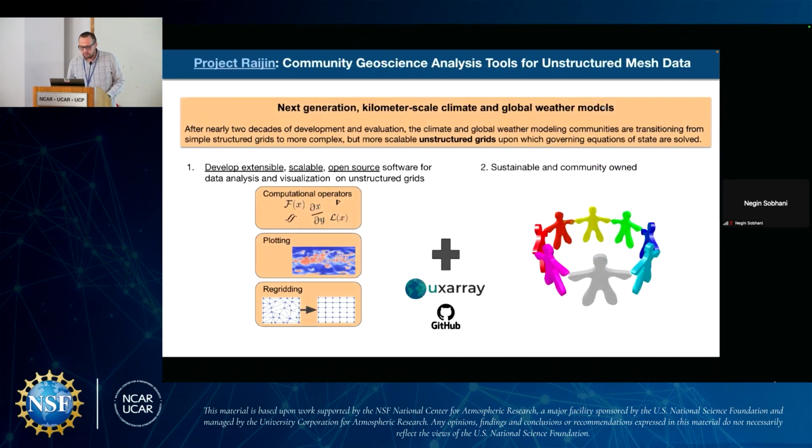Project Ryjen, or the corresponding Python package UXarray, is another direction we are creating functionality for, which is for unstructured grids. We put together analysis and visualization functions to operate directly on the native unstructured grids from several model outputs such as MPAS, CESM, and many other global model outputs as well.